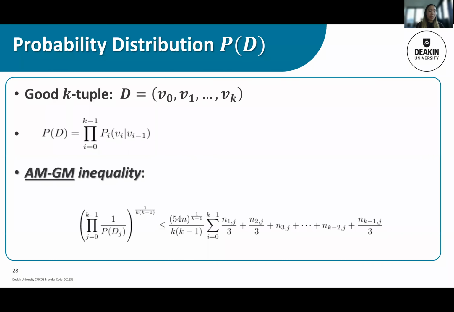We take the probability distribution across all these good tuples to prove the AM-GM inequality to get our bound. I won't go into too much detail about this, but we will be finalizing our paper, and we should be submitting it onto arXiv really soon. If you're interested, you can have a look at how the proof works.